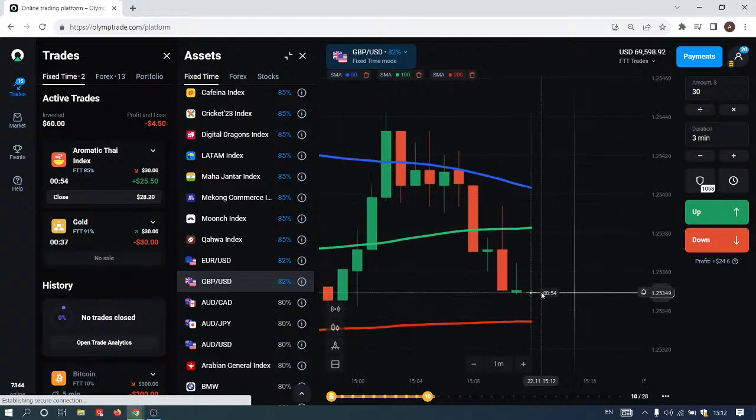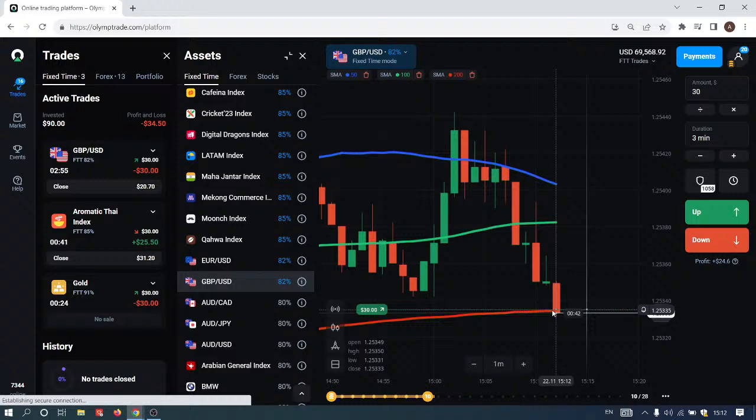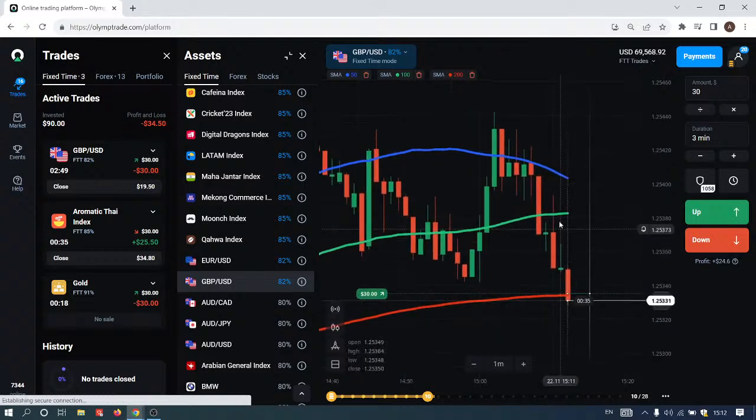Right, and in this case we just have to wait and see, wait until, yeah, right, voila. Great. So this is the classic entry with this strategy.